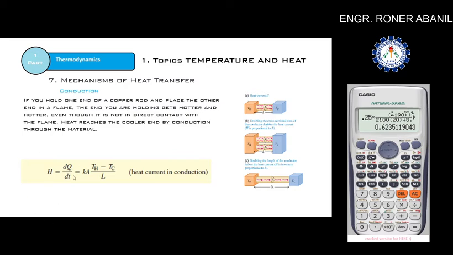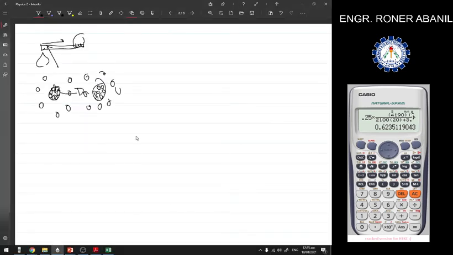So, ang SI daw nito is, so, yung H daw, ang unit daw niyan kapag SI is 1 watt or 1 joule per second. Okay? We can find the unit of K by solving the equation. Pag sinolve daw natin yung equation kanina.